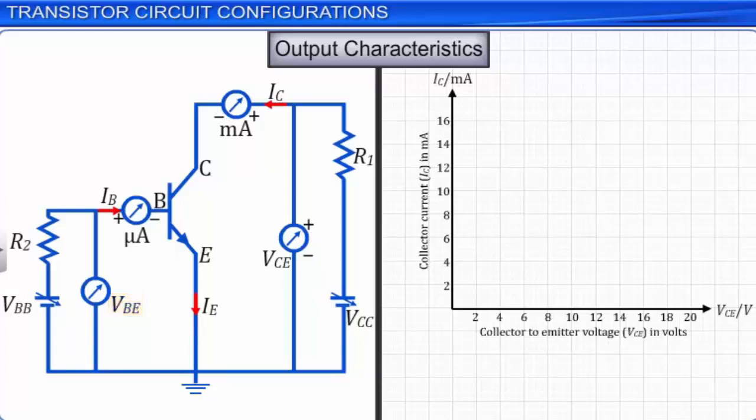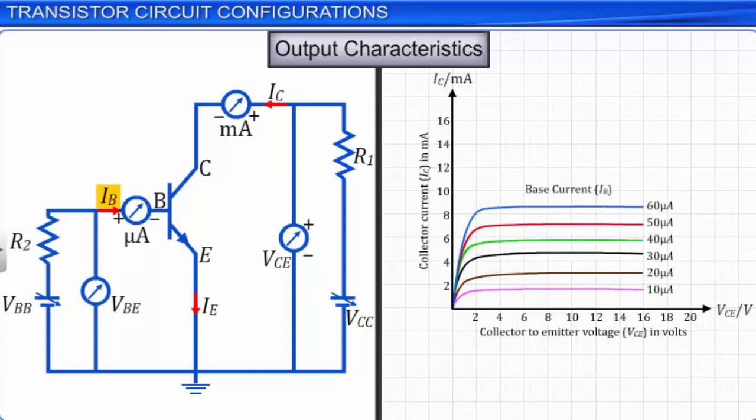As a result, the base current IB and the collector current IC increase proportionately. Thus, different constant values of the base current IB give different output characteristics as shown here.